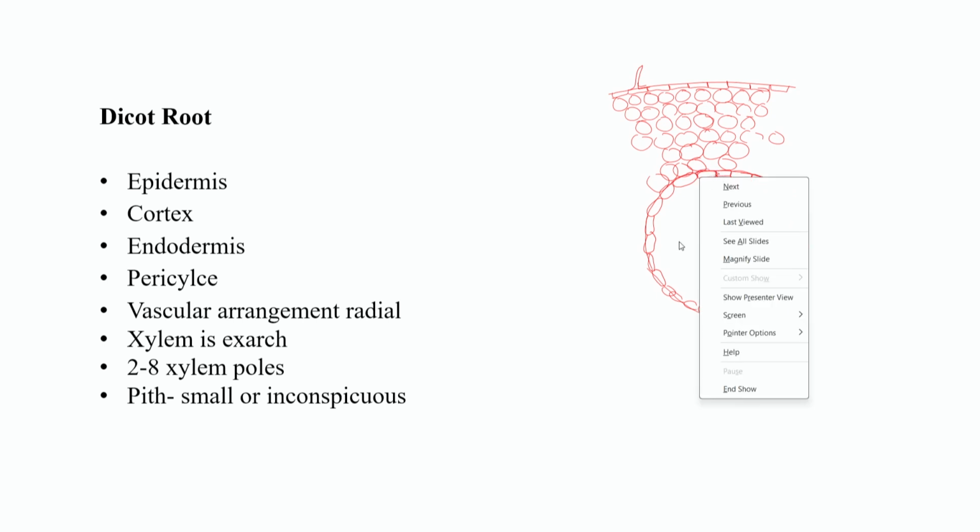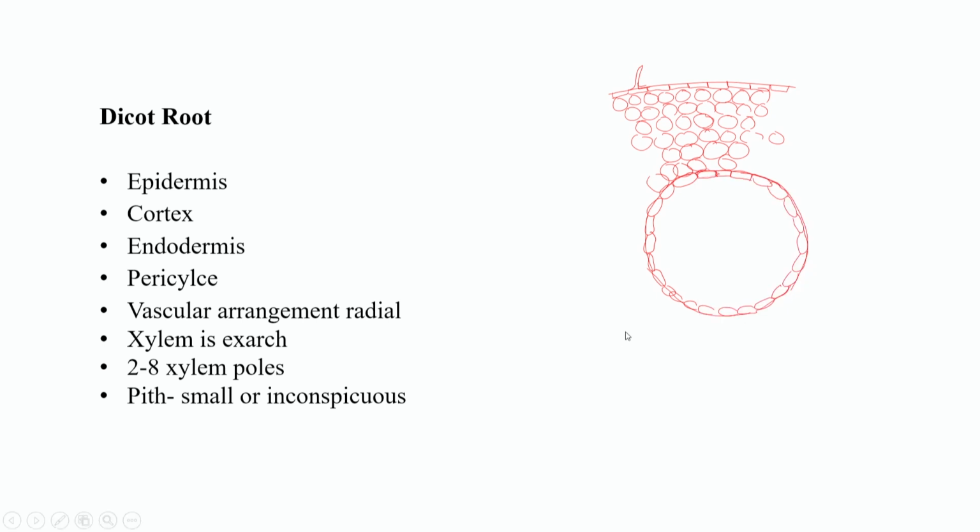Casparian strips you will find, because generally the Casparian strip is found in the root endodermis. The thick walled Casparian strips are made up of suberin, which is deposited on the radial and transverse walls.